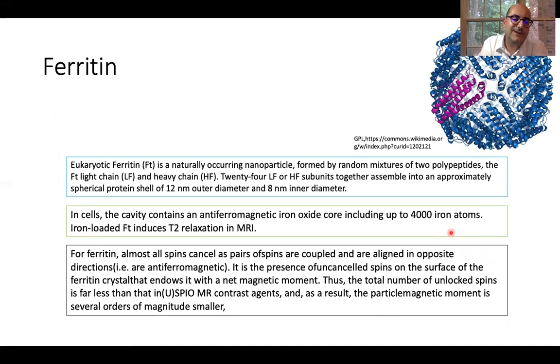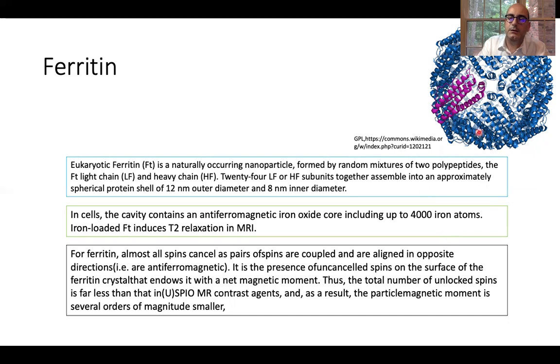The improved version of this kind of reporter was ferritin, the cellular storage protein of iron. That's where all the iron in the cell that is not associated with any process is stored. It's composed of 24 subunits of two proteins, the light chain and the heavy chain.